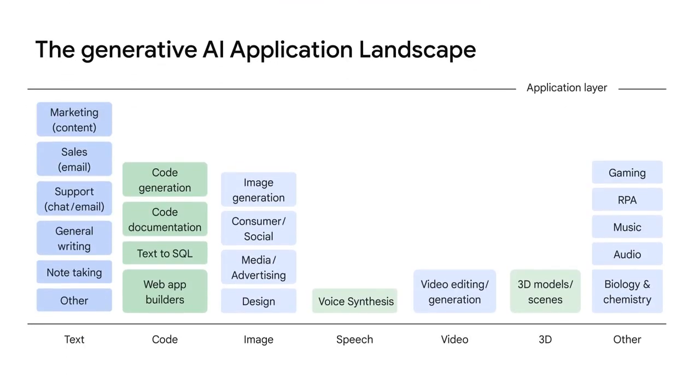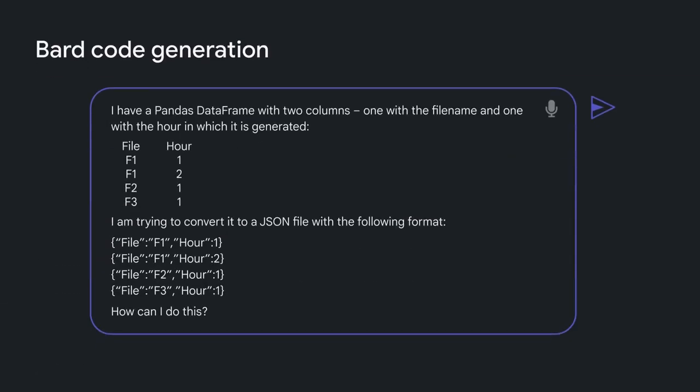Shown here are Gen AI applications. Let's look at an example of code generation shown in the second block under code at the top. In this example, I've input a code file conversion problem, converting from Python to JSON. I use Bard and I insert into the prompt box the following.